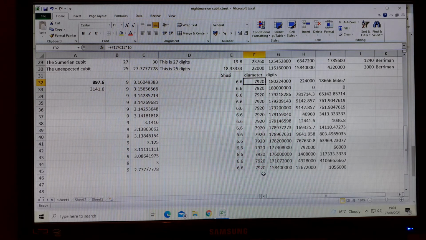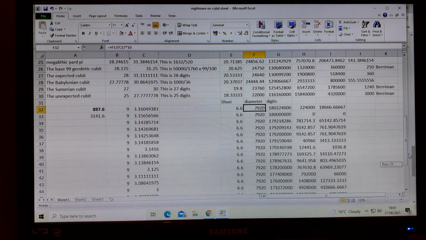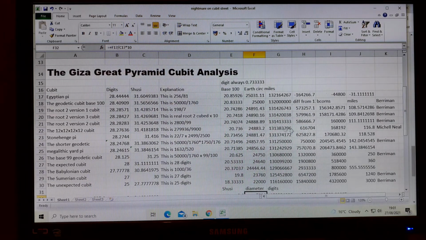And we all know that this is an imperial number. And we all know that this system is working using imperial measure. That's 25,000 miles. That's 22,000 miles. That's 24640 miles. This is all coming out of these columns here.